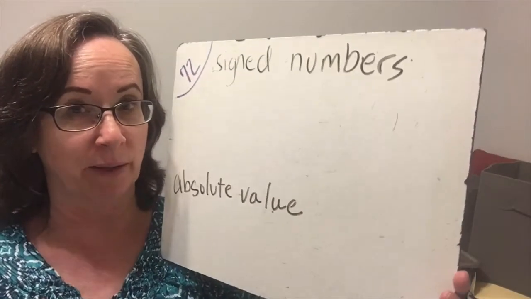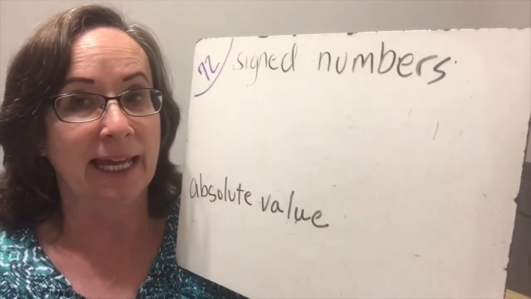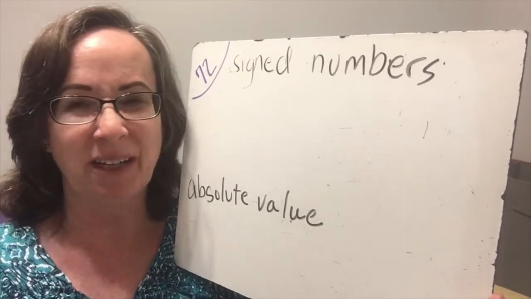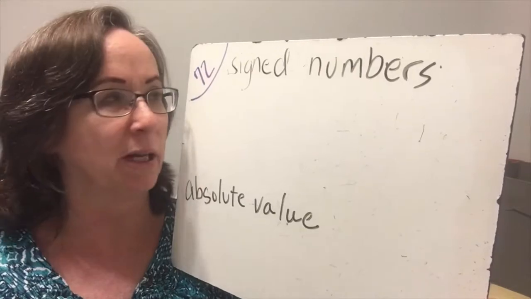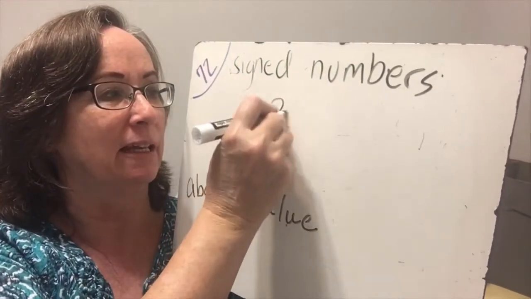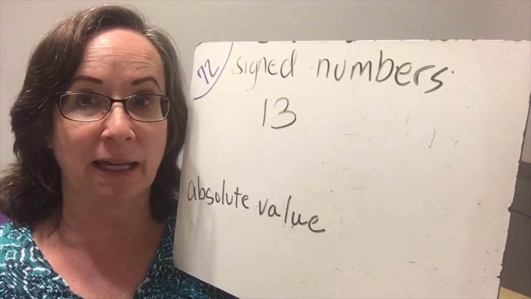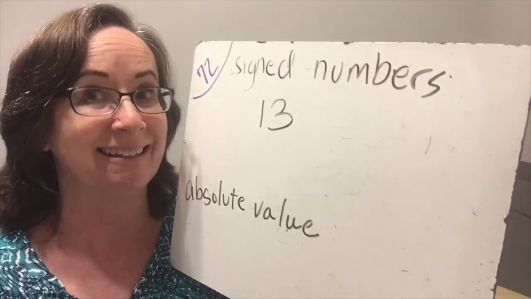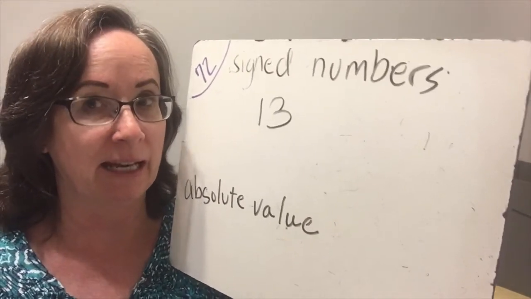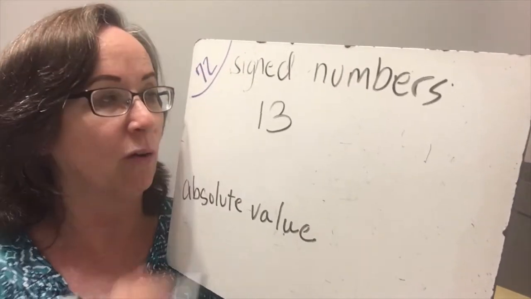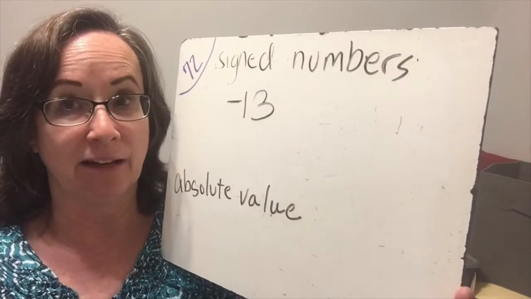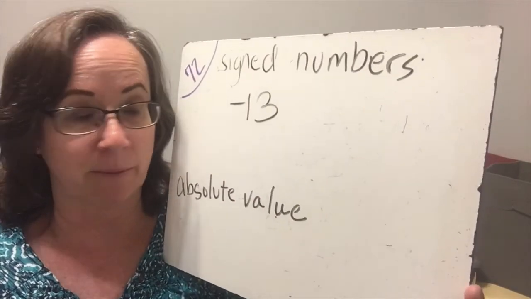Now, one of the most important things about signed numbers is that when we're talking about positive numbers, we don't always have to put a sign on them. If we see 13, we understand that to be positive 13. But if we really mean negative 13 and not positive 13, we must always put a negative sign in front of a negative number.